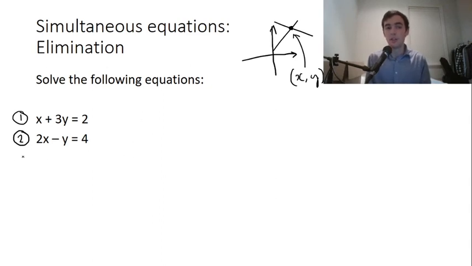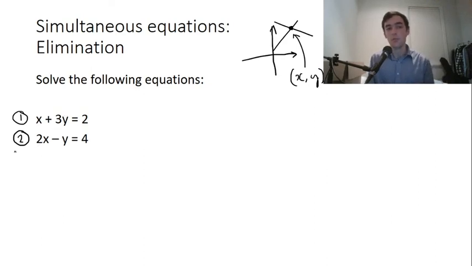So we want the number in front of x or y to be the same in both equations. This 3, the number in front of y, is the coefficient of y. So we want the coefficients of y or x to be the same.